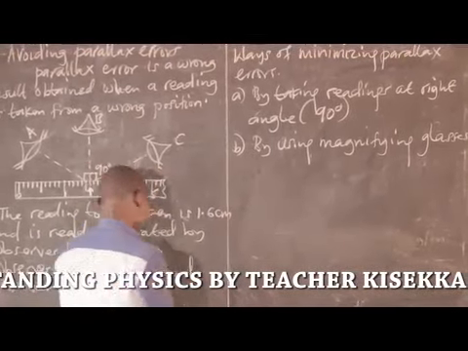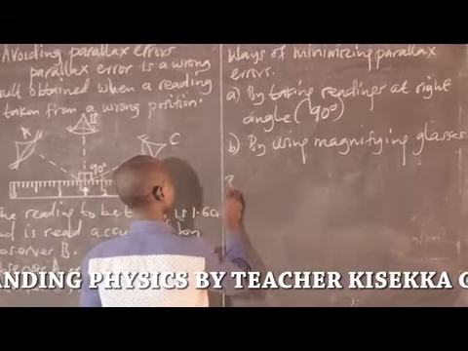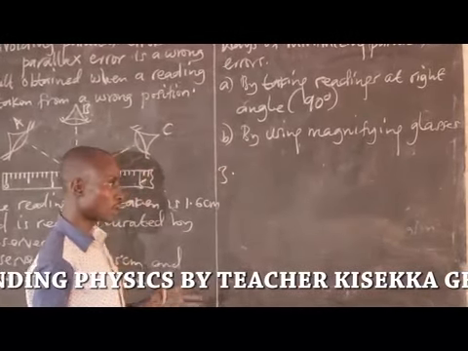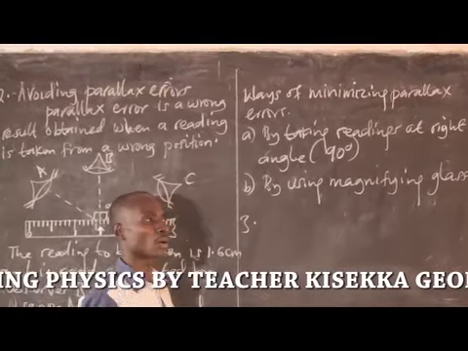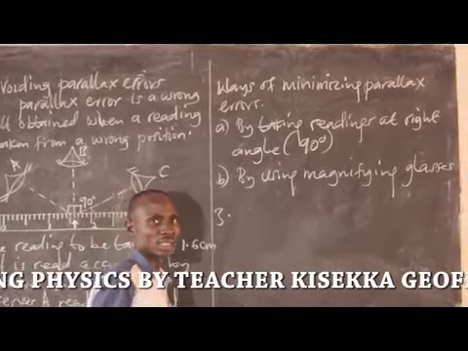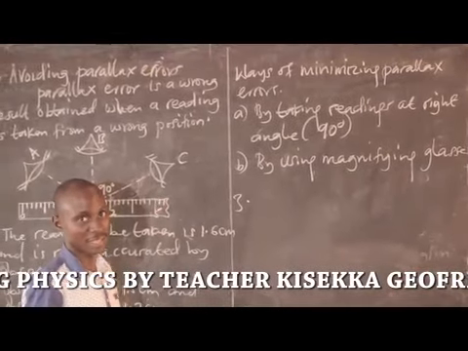Now, lastly, the third way of increasing the level of accuracy. Remember, the first one was correcting zero errors. The second one, avoiding parallax errors.